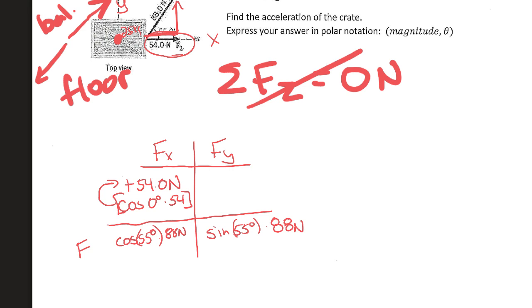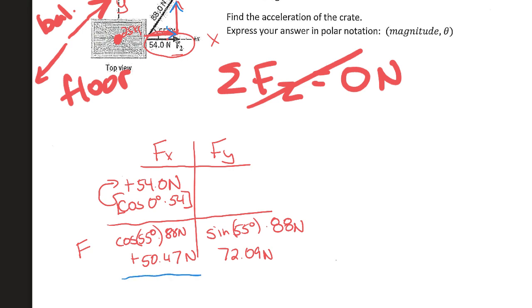Cosine 55 times 88 is 50.47. Sine of 55 times 88 is 72.09 newtons. And they both came out positive. Of course, I'm just going to note that's a positive x and that's a positive y.